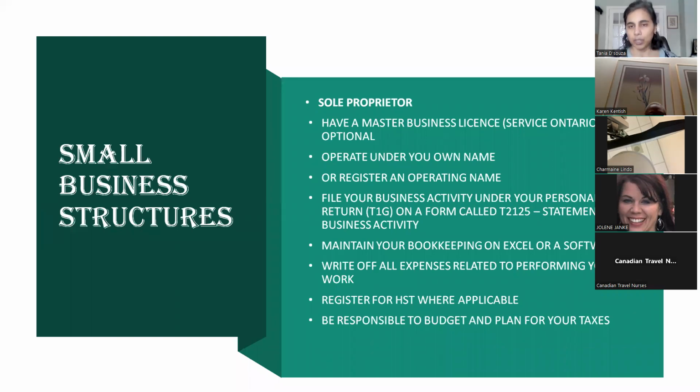Inside that T1G, there is a form called Statement of Business Activity, which is a T2125. On this form, a sole proprietor reports all their income and expenses. So as a traveling nurse, your income and expenses for the year would be reported on this form.